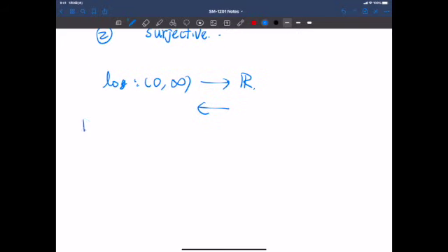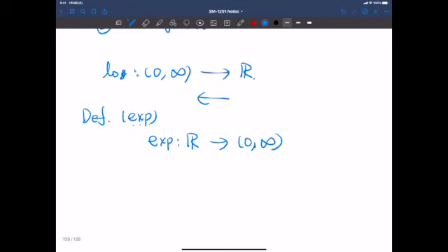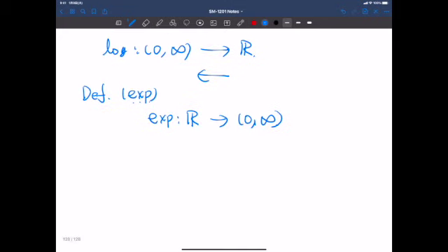So here's the definition of its inverse function. We define this exp, exponential function, from real numbers to positive real numbers as the inverse function of log.